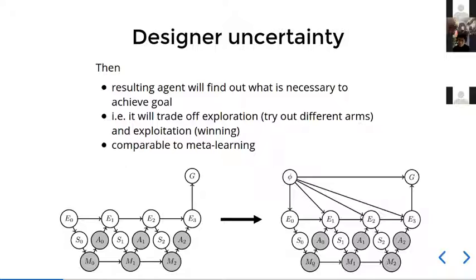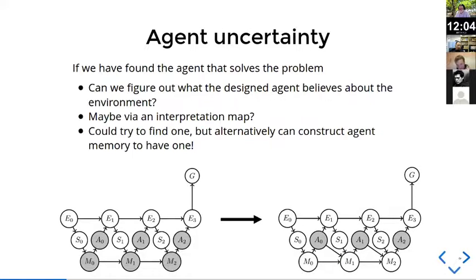So you could try to interpret this agent's memory as a Bayesian, in terms of Bayesian inference, and in this way try to figure out what this agent is thinking about. But this, of course, might be very difficult because you don't know from the beginning what the possible interpretation is. But what we can do instead to make sure that we have an interpretation is we can actually fix the memory dynamics of the agent.